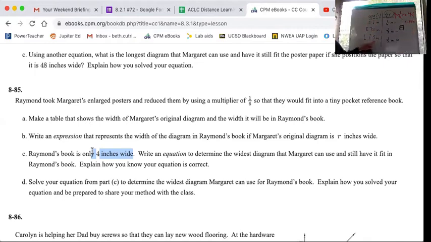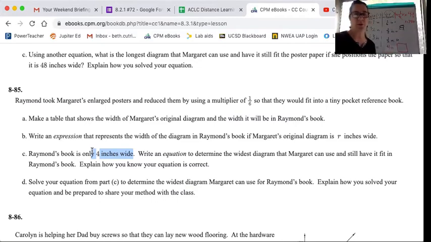So she can have a 24 inch table and still fit in his 4 inch book. Oh no, it should be 4 inches over here, sorry. Because his book ends up being a lot smaller than that. So she can have a 24 inch table to fit in his 4 inch book.